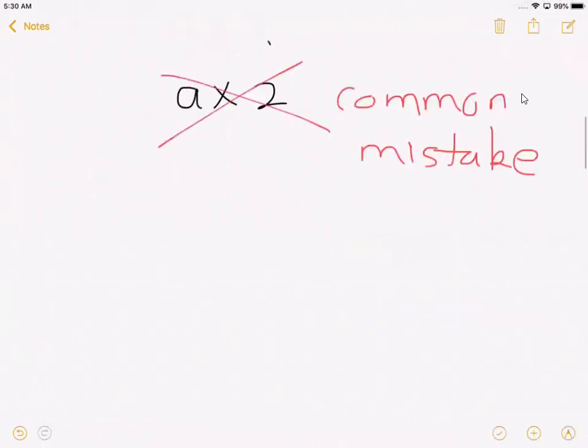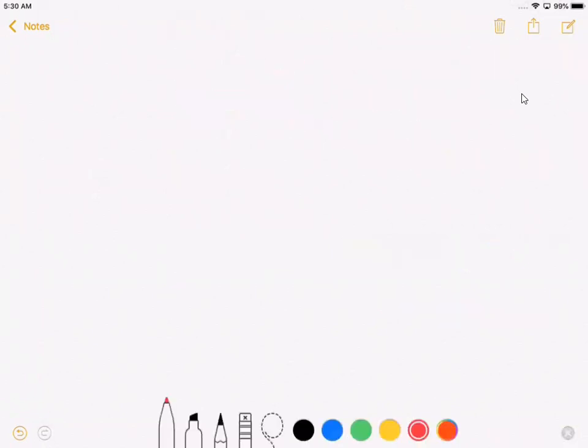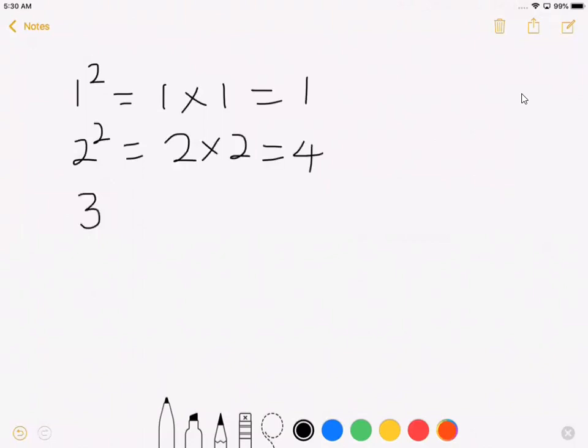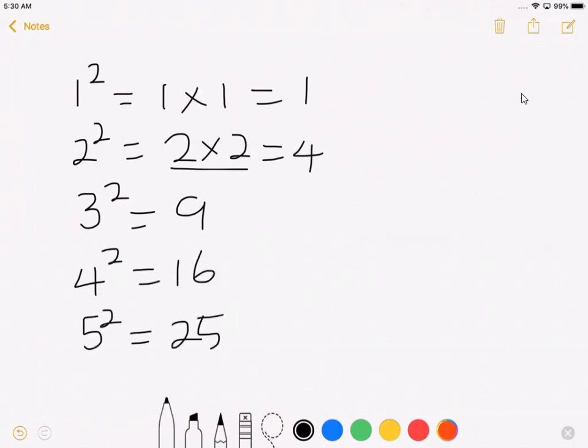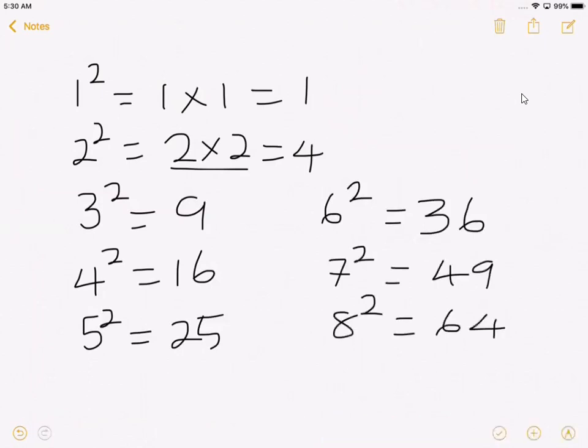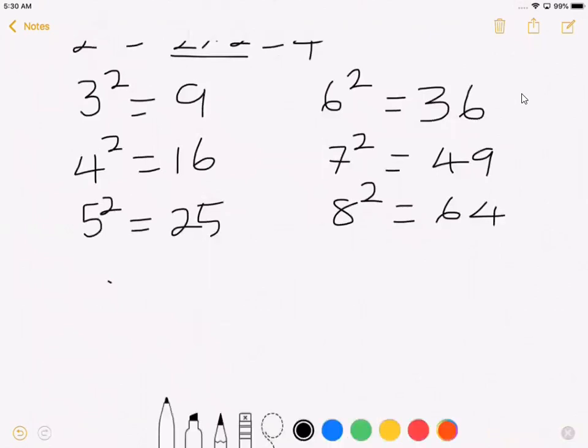Then I'm going to do the squares of natural numbers until 10. 1 squared is equal to 1 times 1, which is 1. 2 squared is 2 times 2, which is 4. 3 squared is 3 times 3, 9. 4 squared is 16. 5 squared is 25. 6 squared is 36. 7 squared, 49. 8 squared, 64. 9 squared, 81.